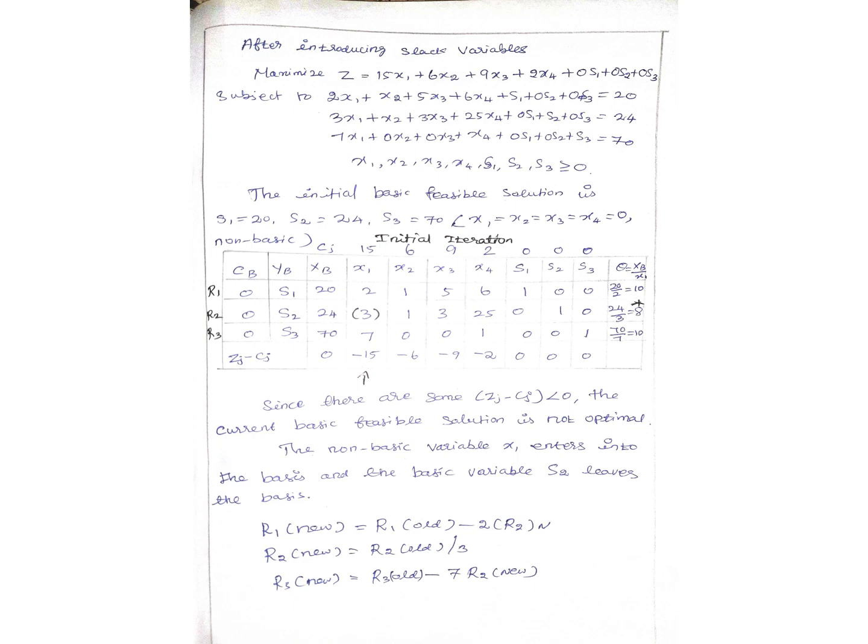Then we have to take the minimum value of Zj minus Cj. Here the minimum value is minus 15, so we take the x1 column. After that, we find the minimum ratio, that is theta, which is equal to xb divided by x1.